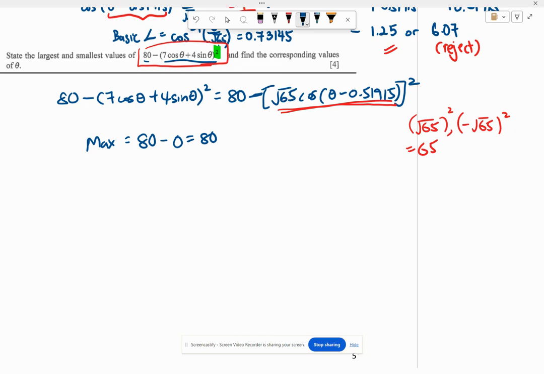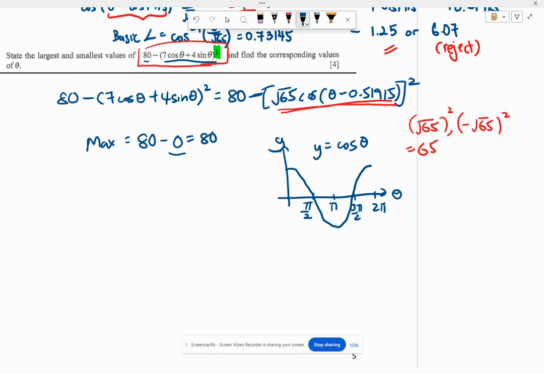So what is the corresponding value of theta? So this 0 is when y equals to 0. Let me draw the cosine graph. Let's say I have this y equals to cosine theta graph here.